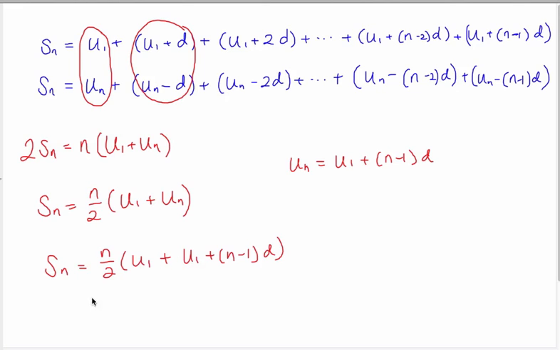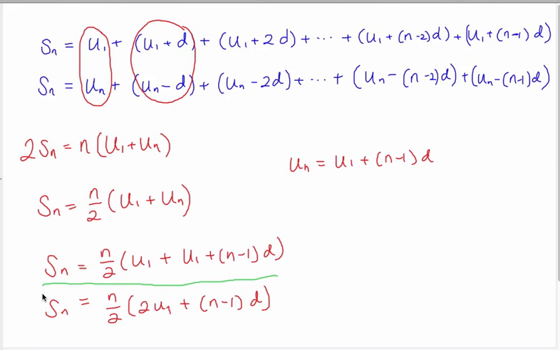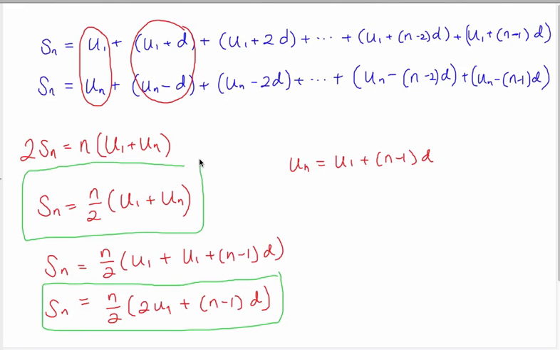And you get 2u1 here. And there's an equation for an arithmetic series when you don't know the last term, but you know the term number and the common difference. So this equation here and this one here, you should know.